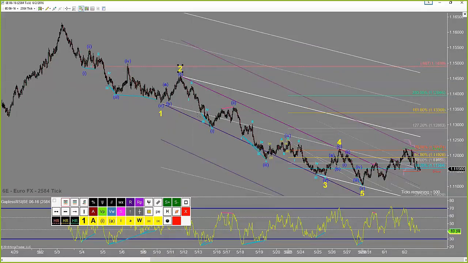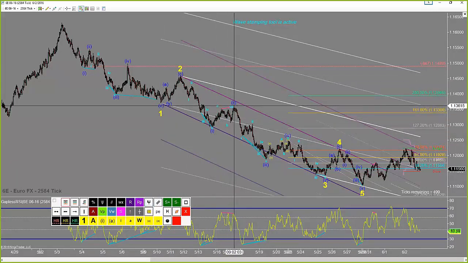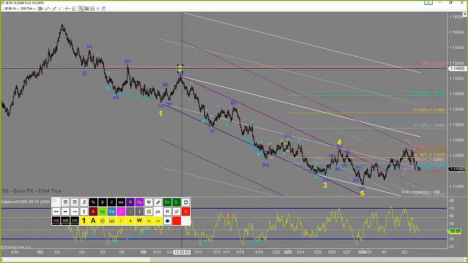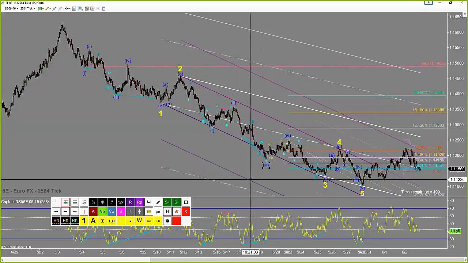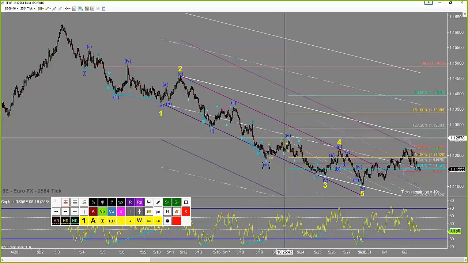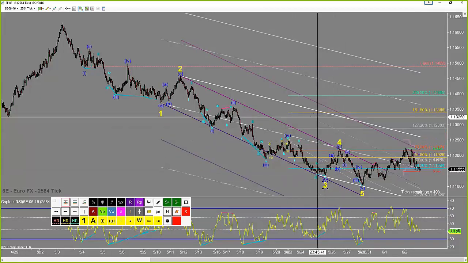And then we had a very clear 5 down for 1, a nice A, B, C up for the smaller 2, the 2 of 1 lower degree, and then a very clear 5 down for 3, and then a double 3 for wave 4, and then another clear 5 down for the end of wave 3. All right, so at this point, we would be looking to find the end of wave 4 here.